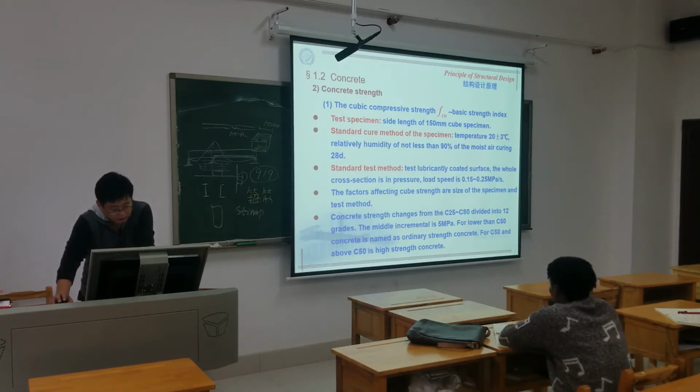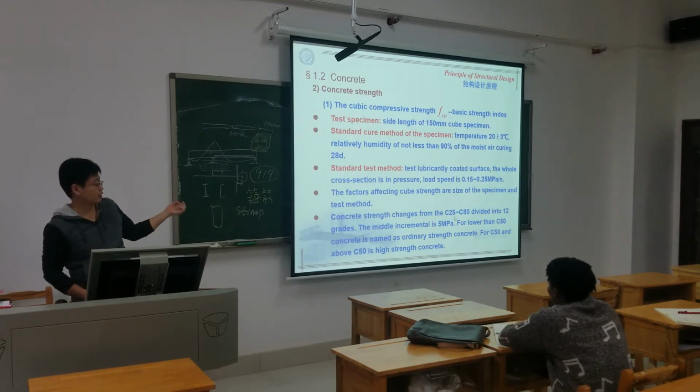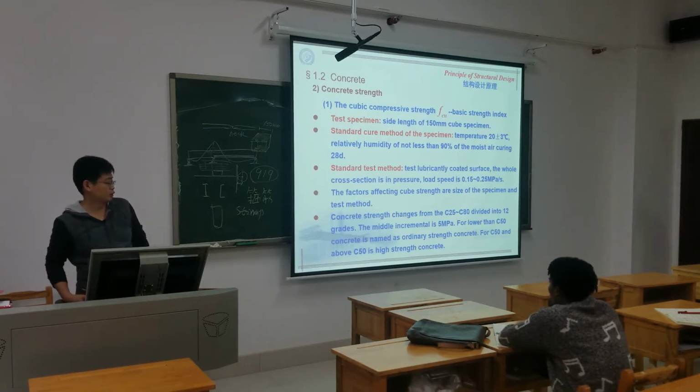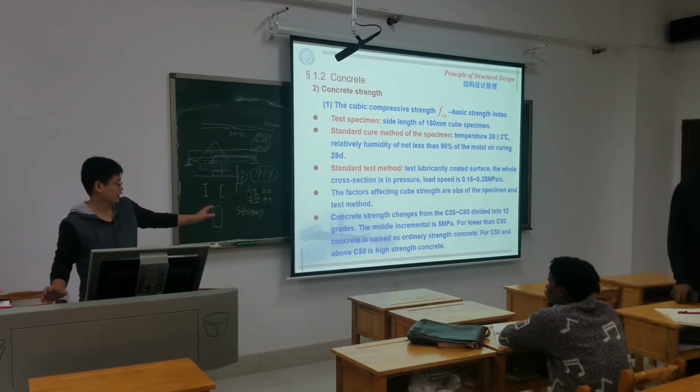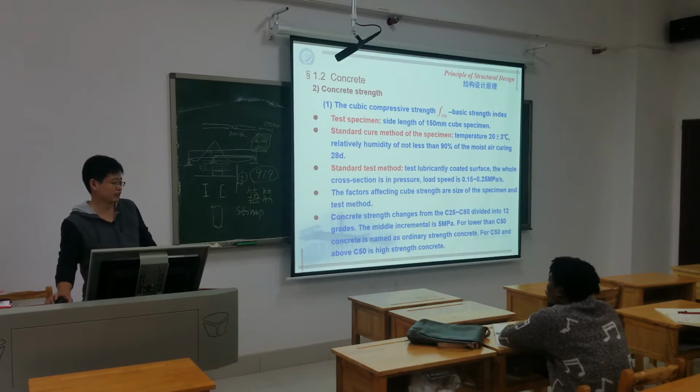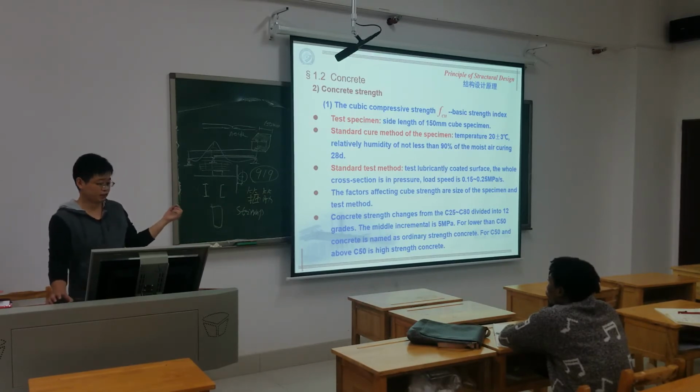A long time ago we had about C20, but now the lowest strength is C25. So just remember what influences the strength of concrete, besides the test conditions.